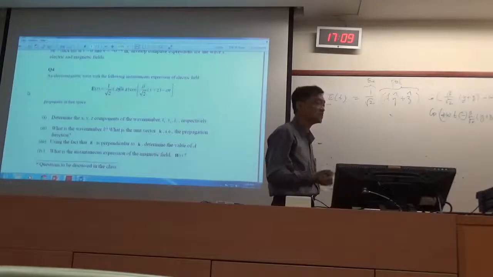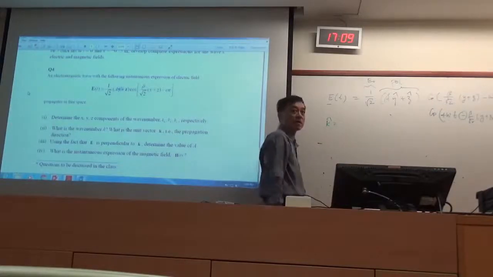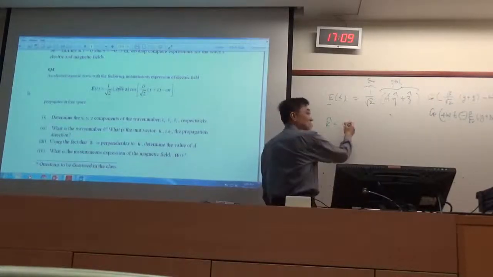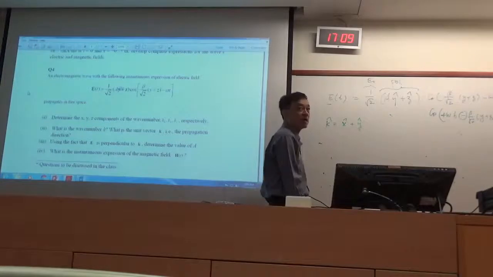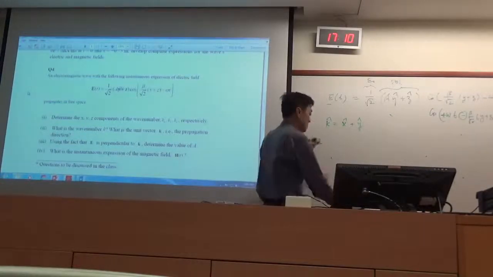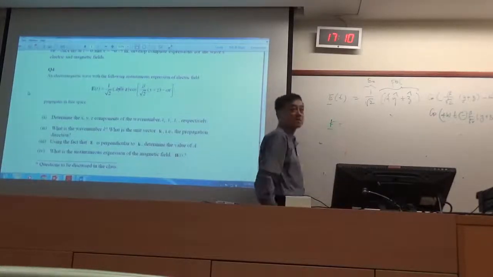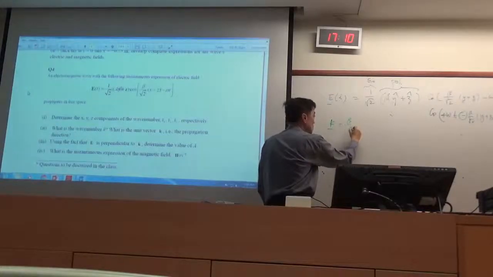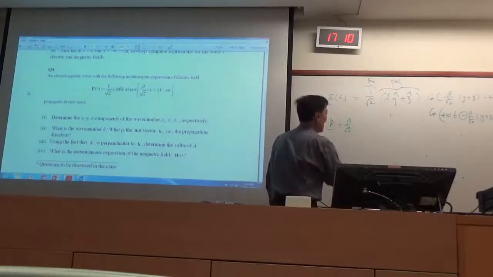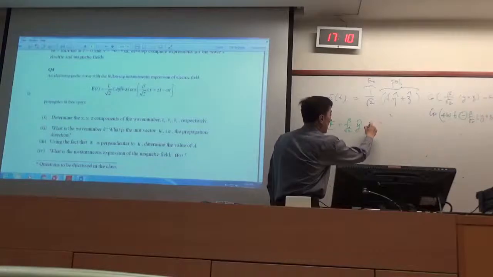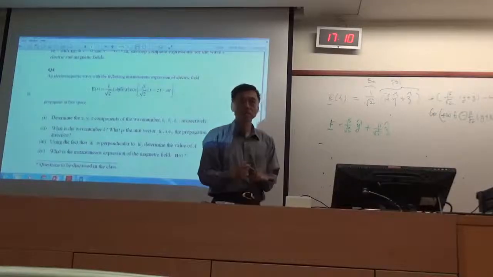That means my direction of propagation k is equal to beta over square root 2 y plus beta over square root 2 z.